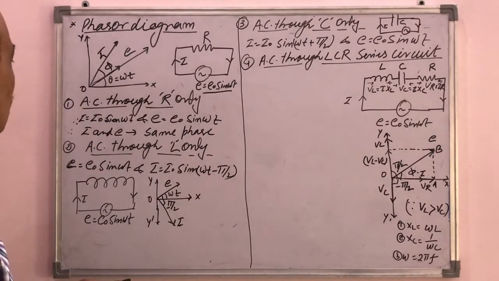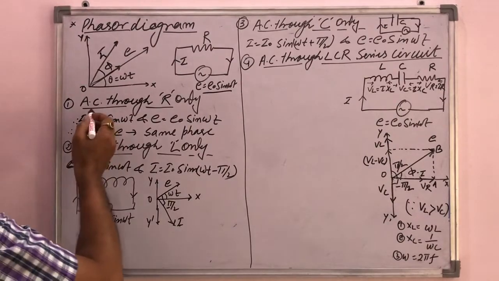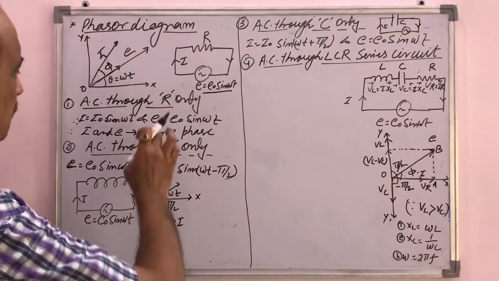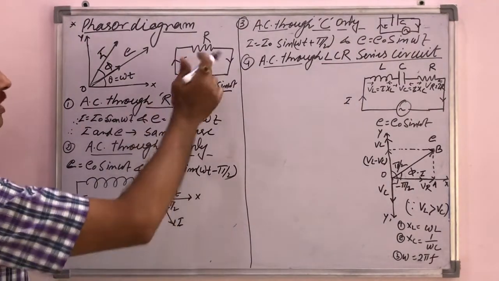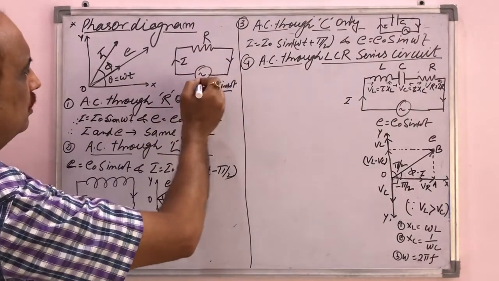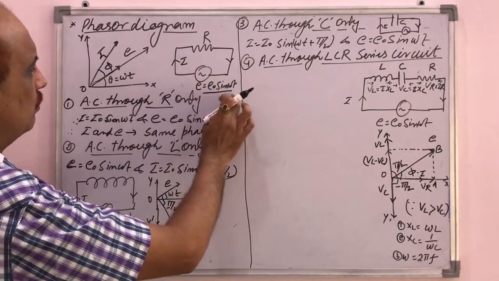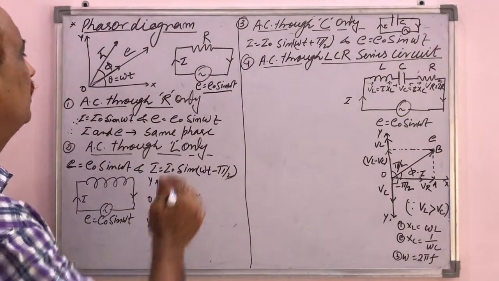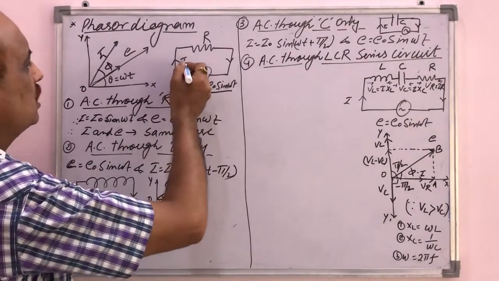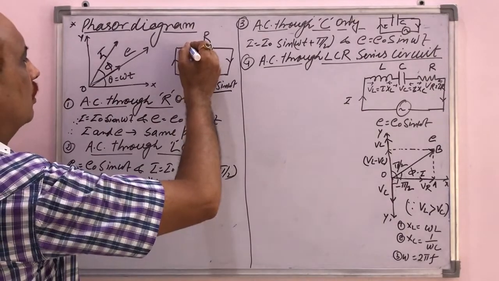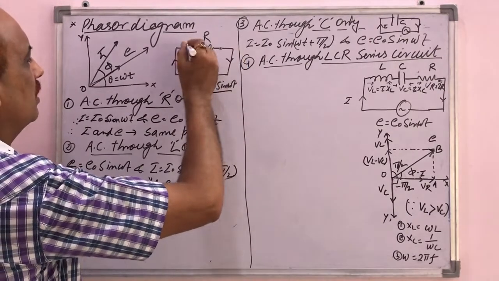Now the second point is AC through a resistance only. Resistance is represented here by R. If the resistance R is connected to an alternating source of EMF E equal to E naught sin omega t, and current I is flowing in the circuit, then a potential is produced across the ends of the resistor.